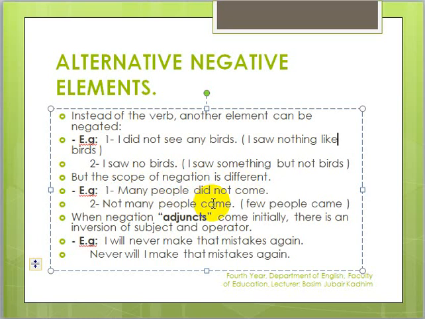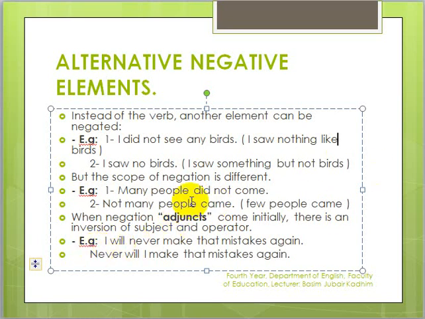Again, when negation adjuncts come initially, there is an inversion of the subject and operator. When the negation agents come initially, at the beginning of the sentence, the operator comes before the subject.